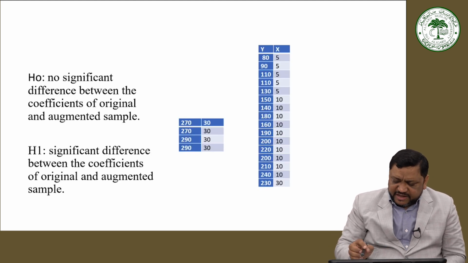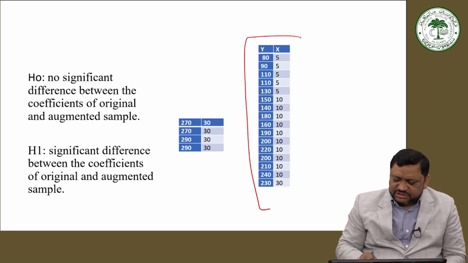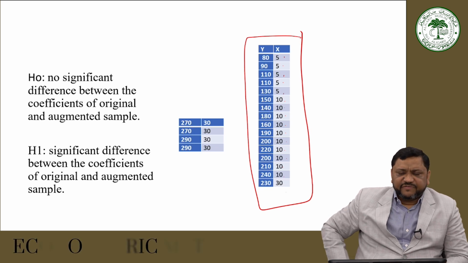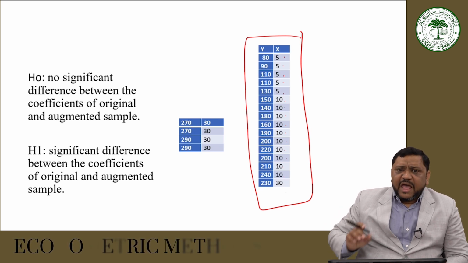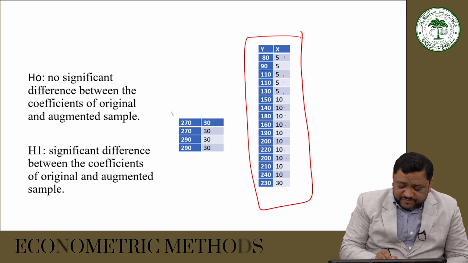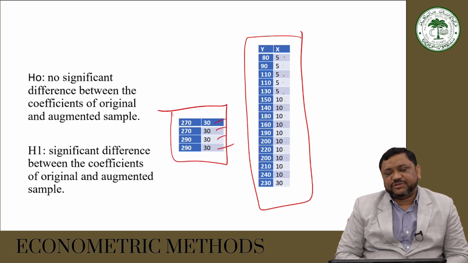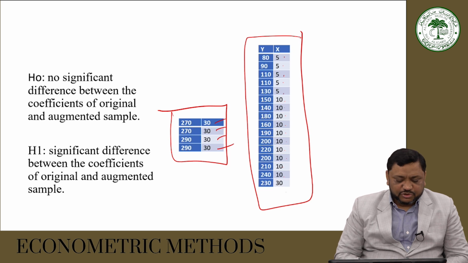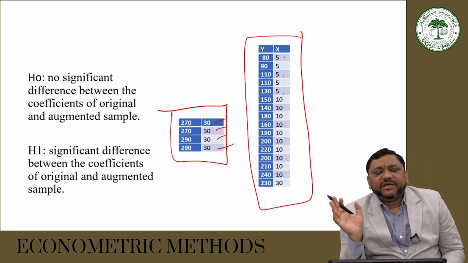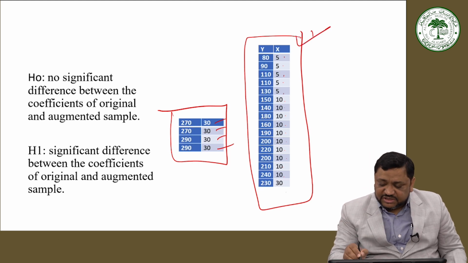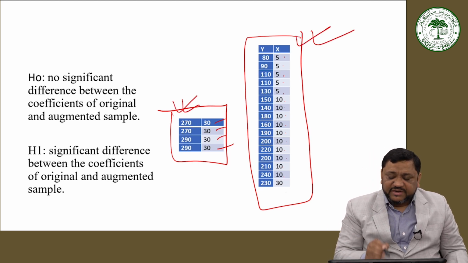So, we take a case where this is the original sample of, say, 16 observations, 1, 2, 3, up to 16. And then we will augment this with another 4 observations. So here the null hypothesis is there is no difference between the coefficients of the original sample and the augmented sample.